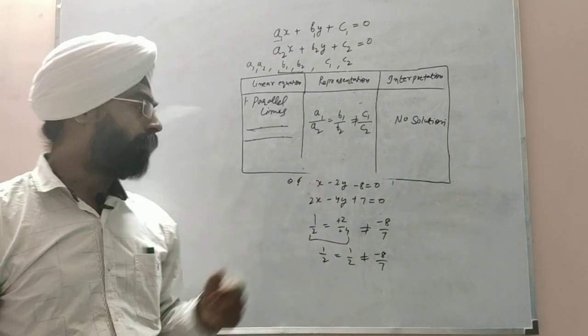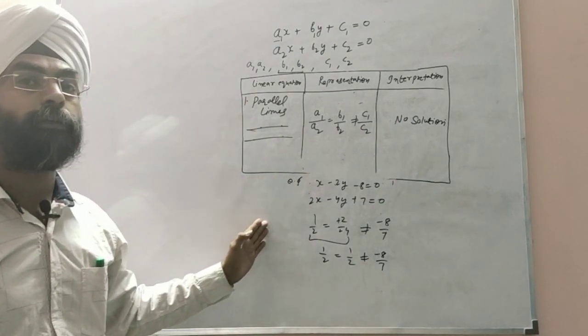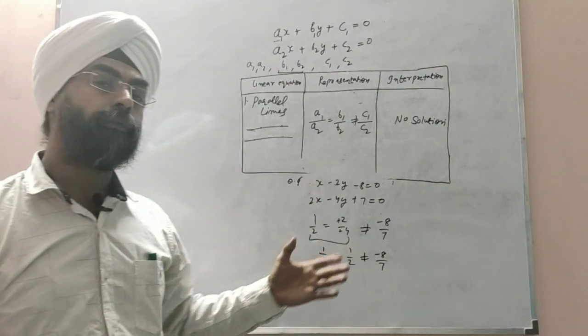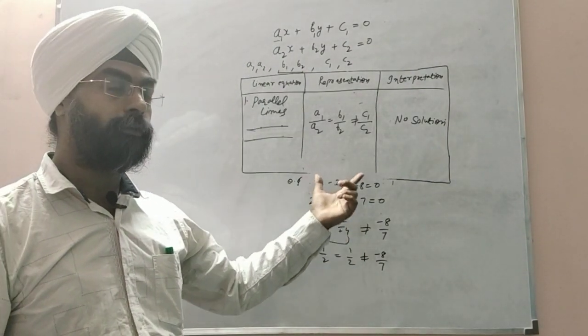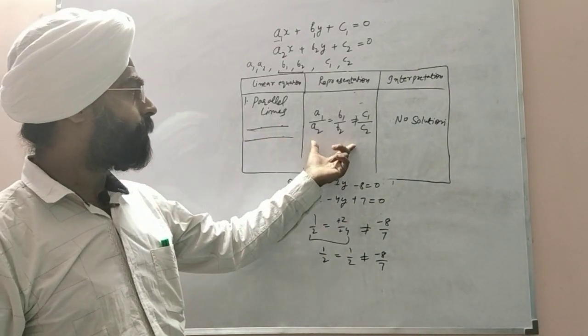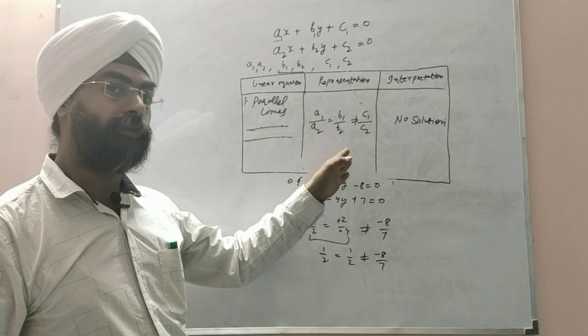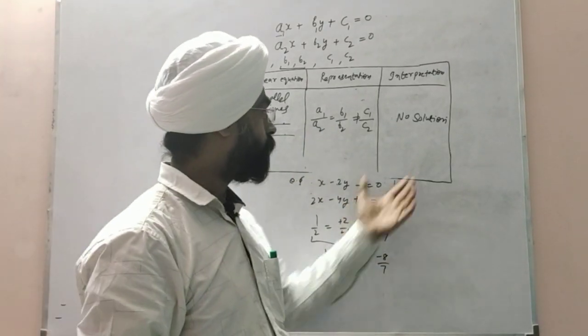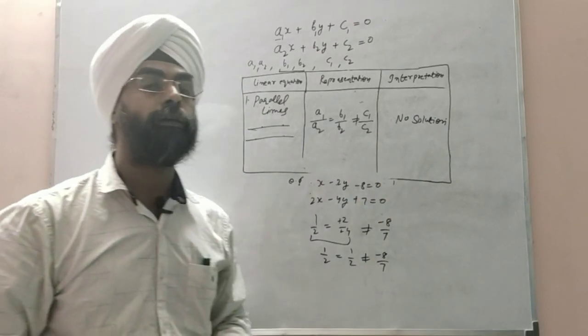Whenever we solve this type of linear equation, we will find no solution. In the answer we will write that there is no solution, because from the formula A1 upon A2 is equal to B1 by B2, but C1 by C2 is not equal. That's why there is no solution for these types of linear equations.